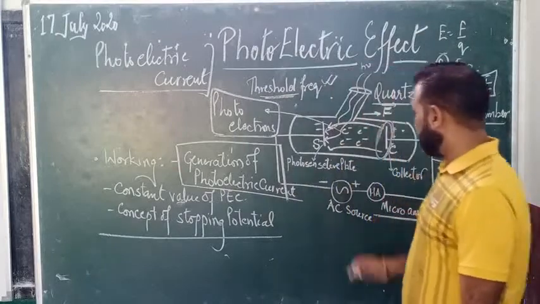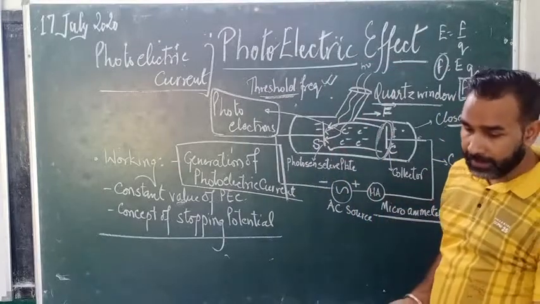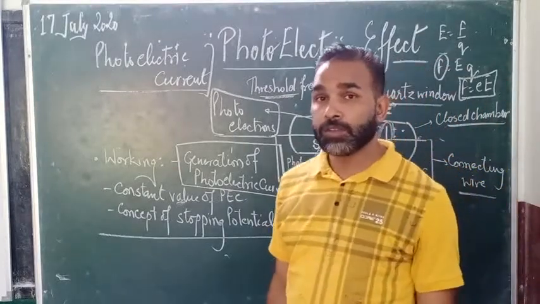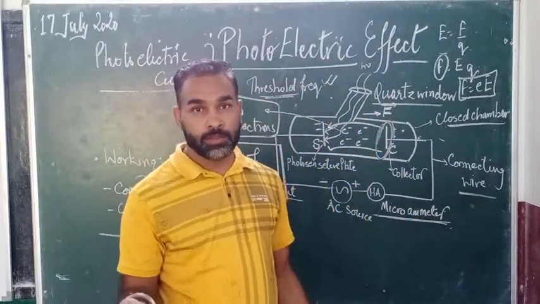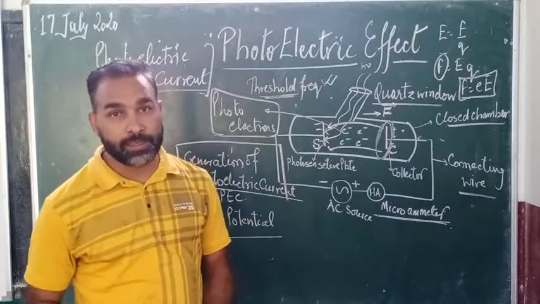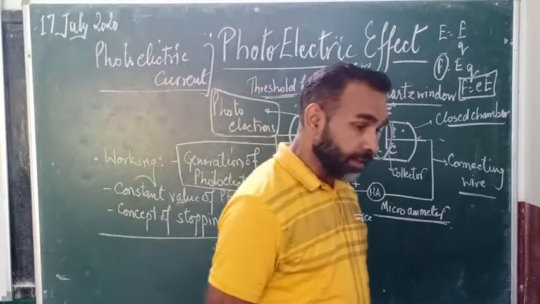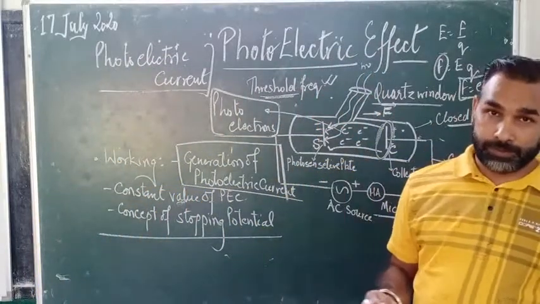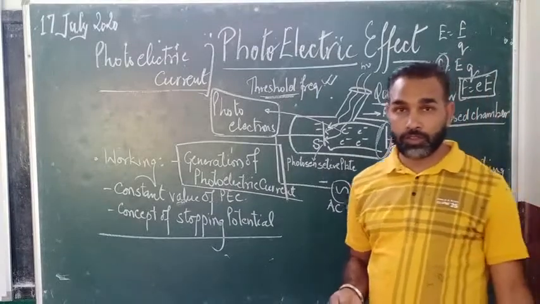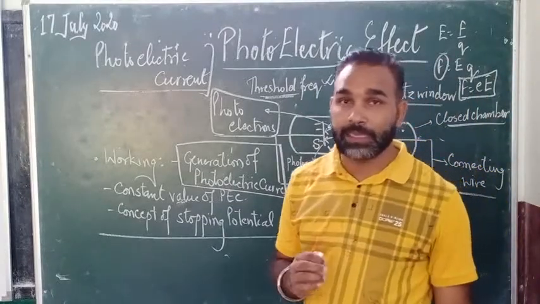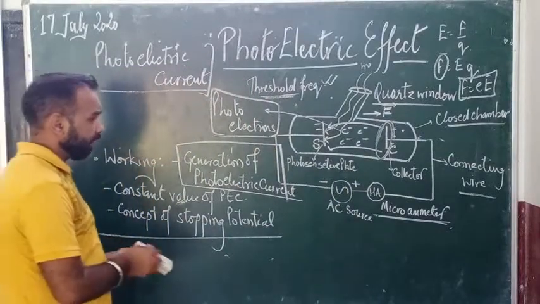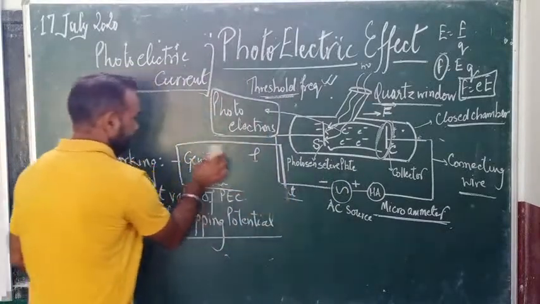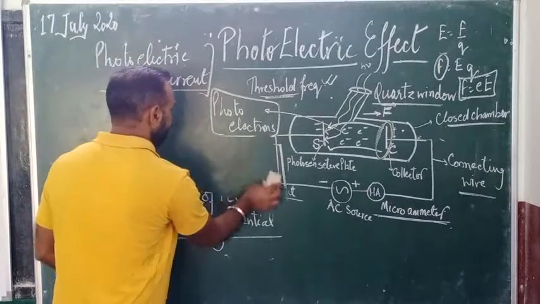Now this is a metal surface, you know. It has a limited number of free electrons which can be emitted out. It is not possible that a particular metal surface contains n number of electrons to flow. They have a limited supply of electrons. So what will happen as soon as the voltage of the source increases in the positive direction?